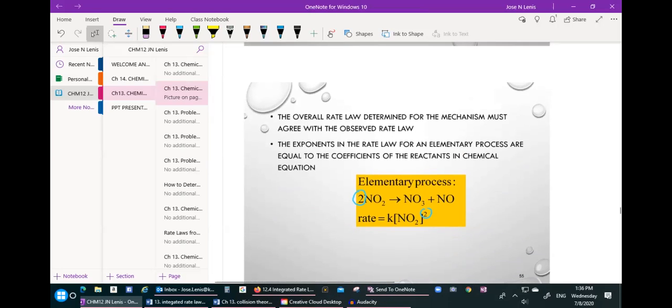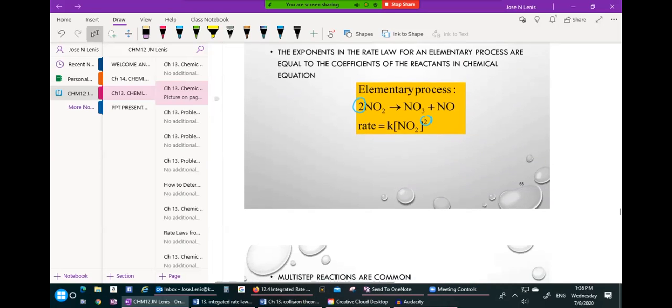However, the order of the reaction with respect to one of the reactants from an elementary step or elementary process can be obtained from its stoichiometric coefficient for that particular elementary process only. And this is the only exception we have. So you need to keep that in mind.